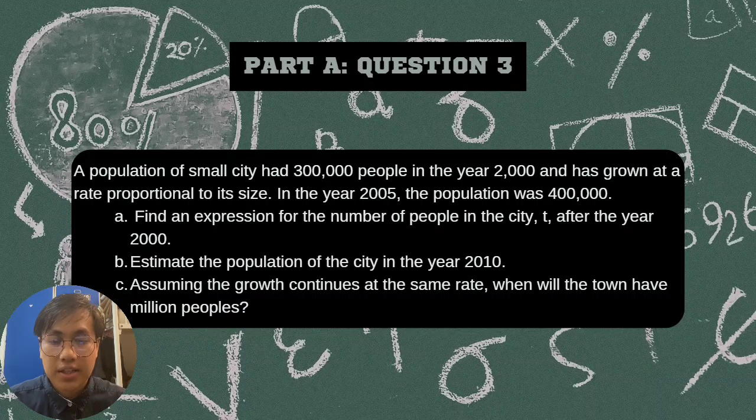Question A, find an expression for the number of people in the city after the year 2000. Question B, estimate the population of the city in the year 2010. And the last question C, assuming the growth continues at the same rate, when will the town have 1 million people?